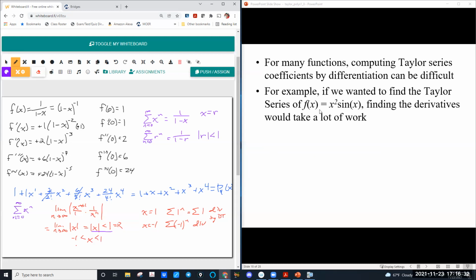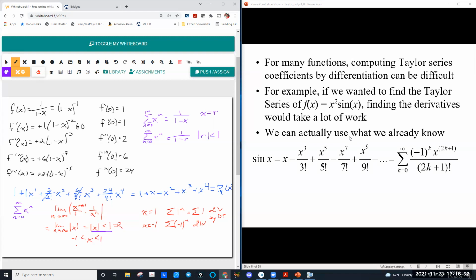But what if our function was something like a polynomial times a trig function? The first derivative needs product rule, and these derivatives get increasingly more complex. So if we wanted to find 6 or 7 terms, this could be a lot of work.